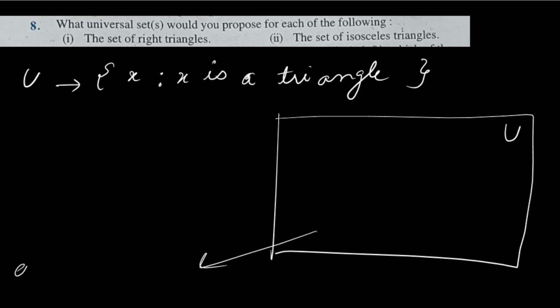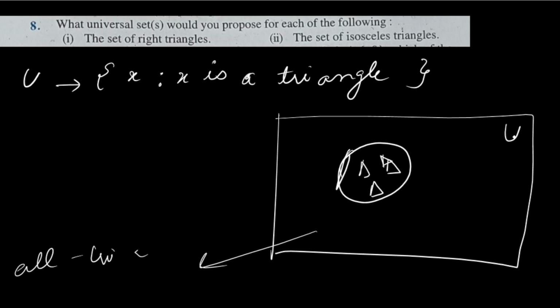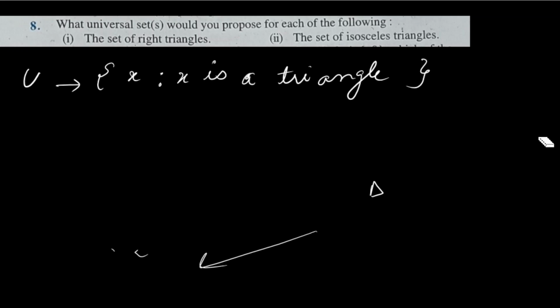So it has all triangles. All triangles means somewhere here a smaller set will also exist where only right angle triangles exist. So that means this set can act as a universal set for this. Also, other than this, you can choose the set of all polygons, because polygons means every type of polygon, closed polygon.